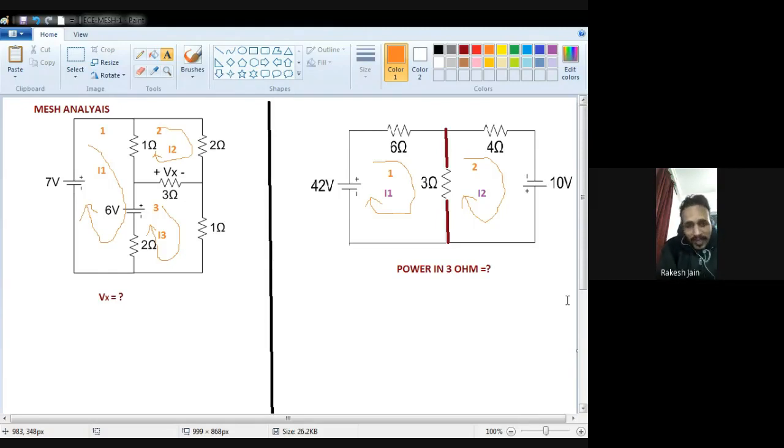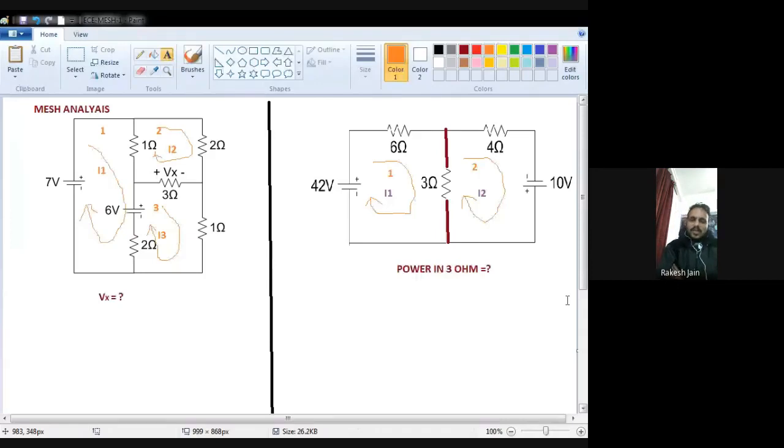If any other current passes through a resistance of the mesh whose equation you want to write down, then keep in your mind your own current is always used with a positive sign, and for the next current just see the direction. If the other mesh current direction is similar to your mesh current direction, then write it with a positive sign.